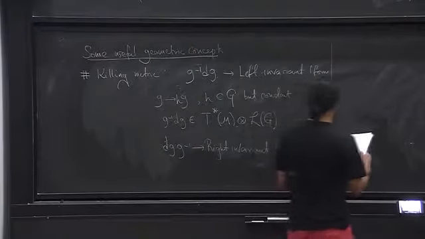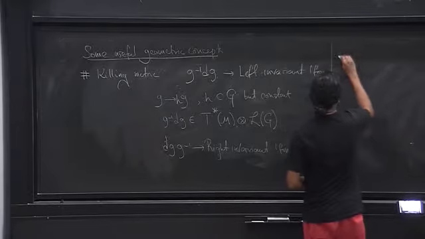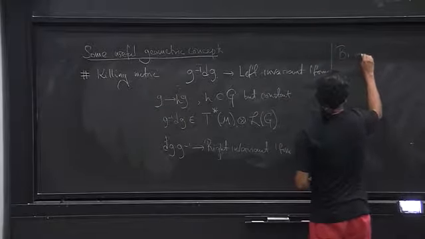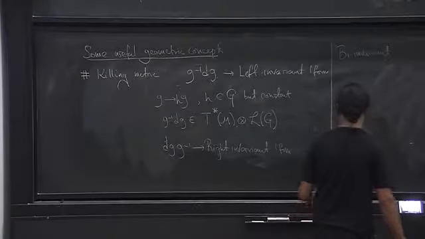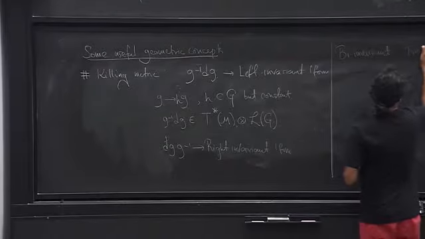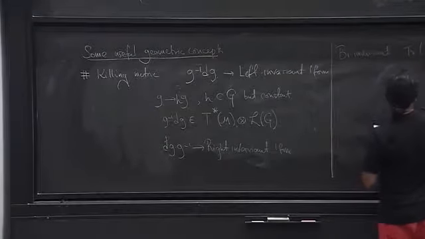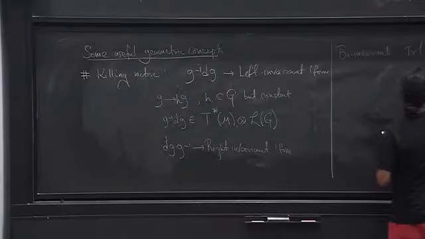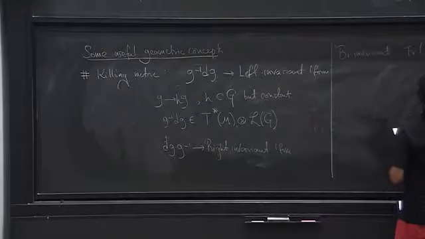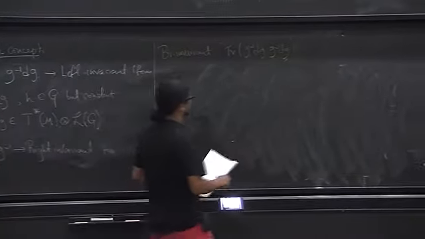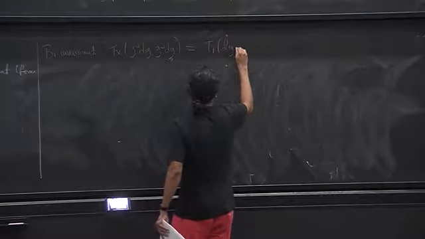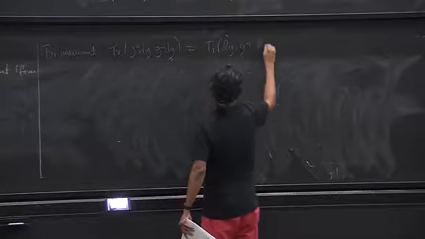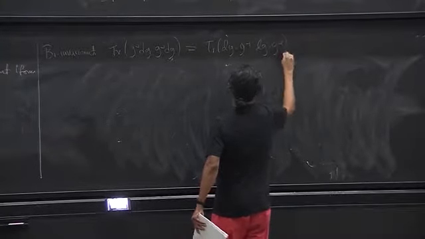Then to define the Killing metric, we consider this bi-invariant object, which means that it's both left and right invariant: the trace of g^{-1}dg g^{-1}dg. Obviously, by its definition, it is left invariant, but because the trace is cyclic, you can also see that it can be written in this form. So it's also right invariant.